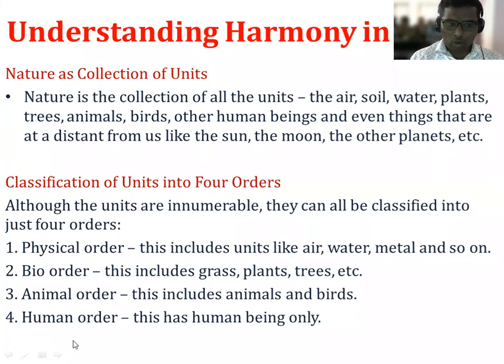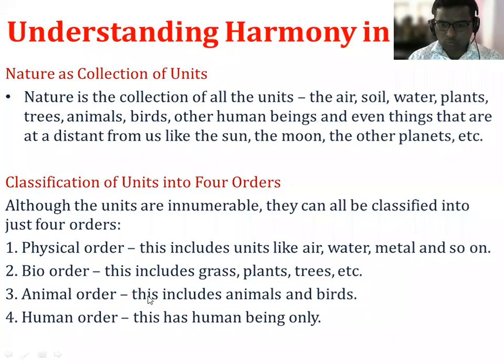It means that all these 4 orders are actually interconnected, but nowadays the problem is that the last one order, the human order, is not interconnected with these remaining 3 orders, and that's why we are facing so many problems with nature. This is the point. Is it right?